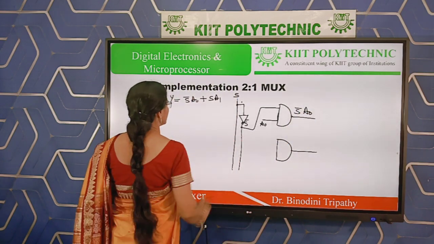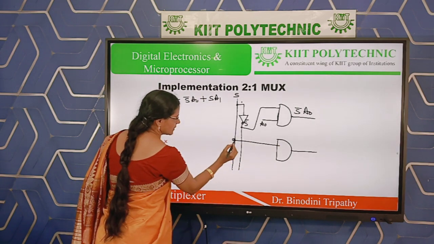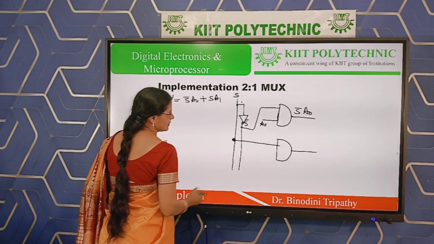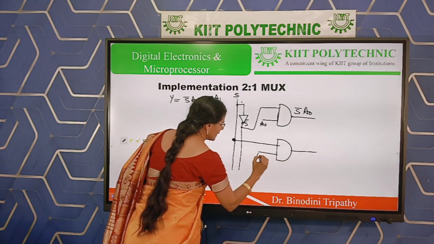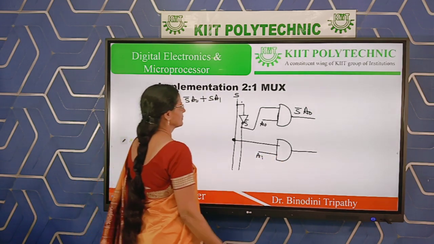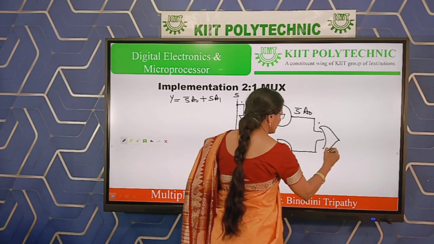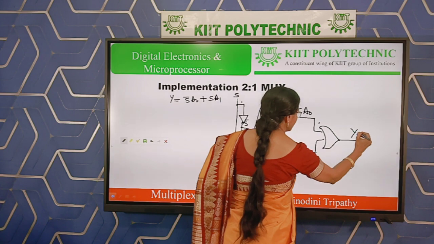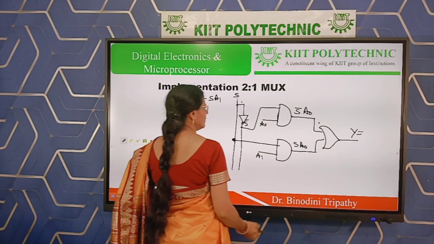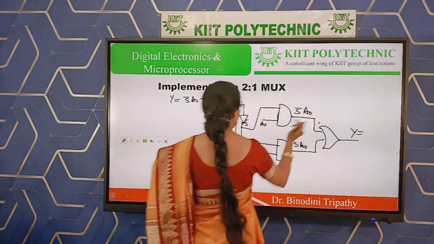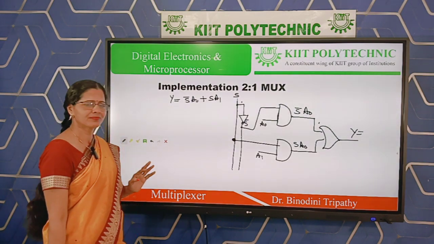Similarly, finish the other: take S, then apply A1 directly. Then apply both to an OR gate for combination. This is your Y. Now what is Y? S bar A0 plus S A1. This is the implementation of the 2:1 mux. Finished.